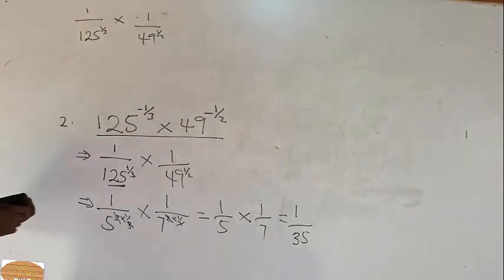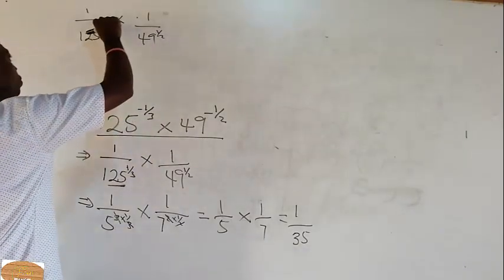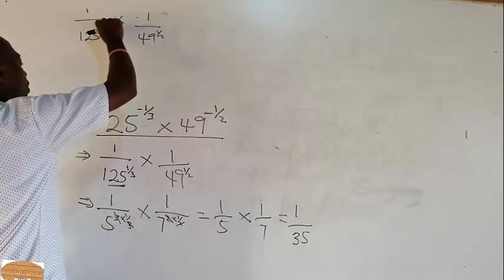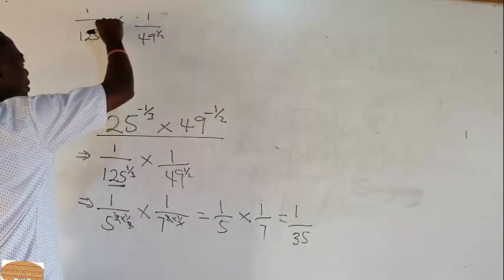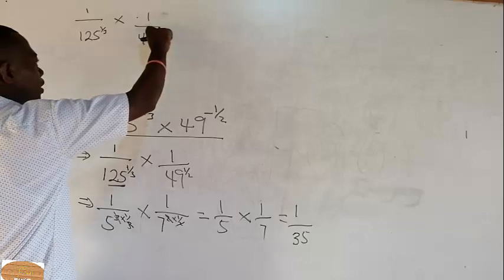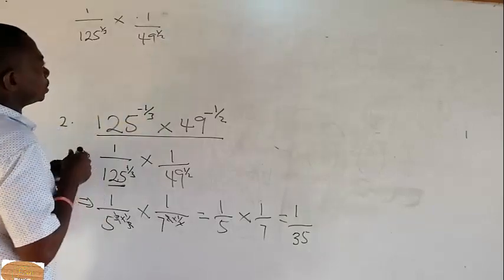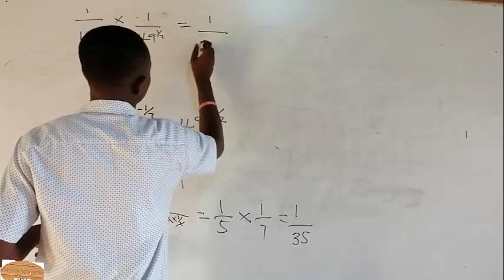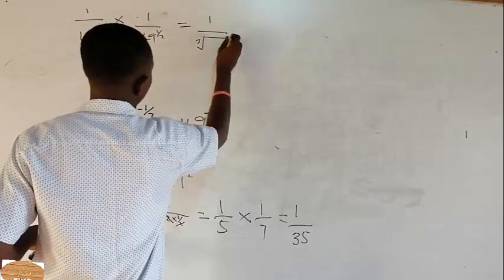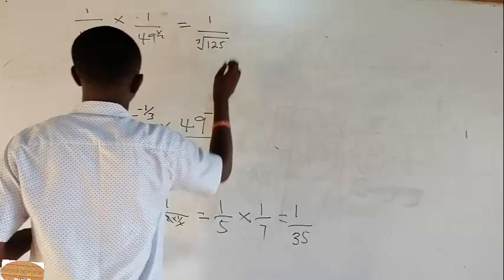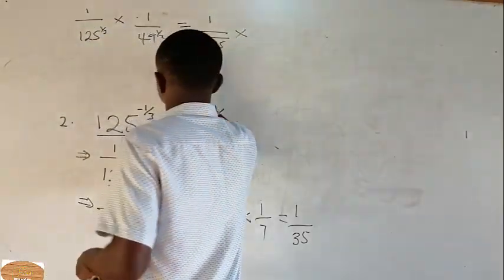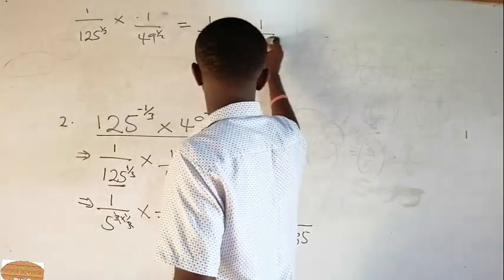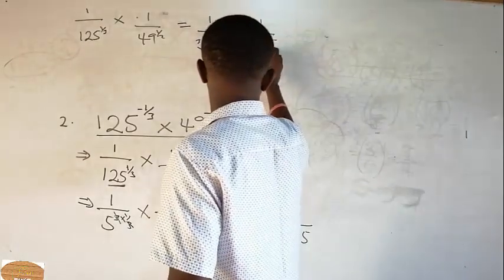Now we said if this one is 1 over 3, it is the same as cube root of this, and this one is square root of this. So straight away you can say 1 over cube root of 125 times 1 over square root of 49.